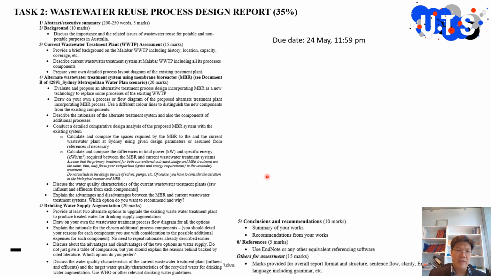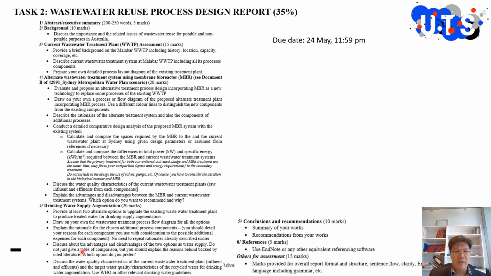You can provide at least 2 alternative options to upgrade the existing wastewater treatment plant to produce treated water for drinking water supply. Draw your own wastewater treatment process flow diagram. Also explain the rationale for the chosen additional process components.